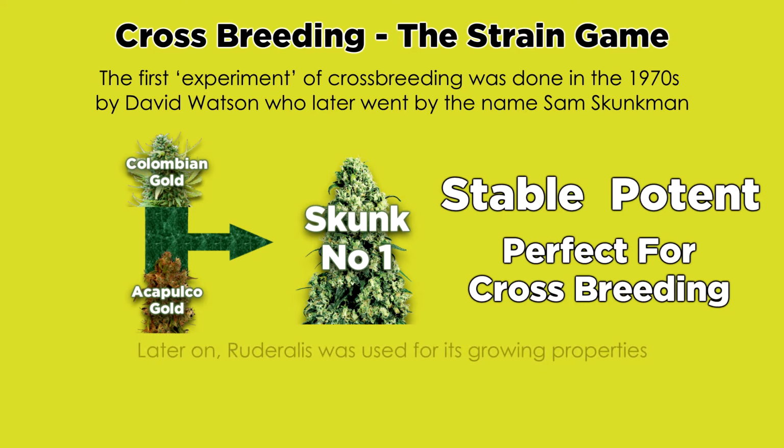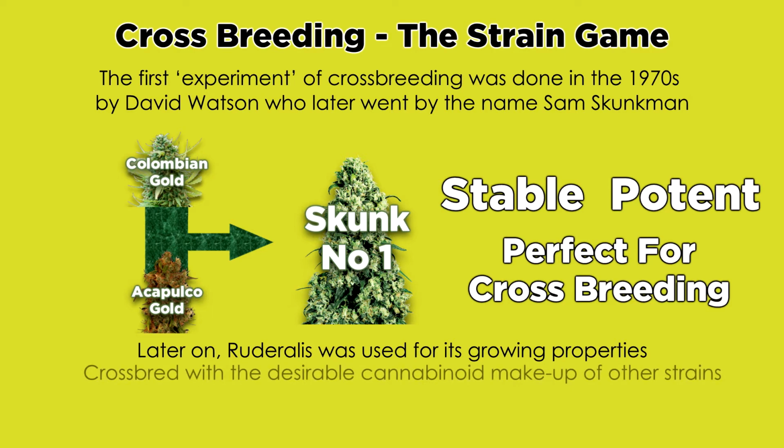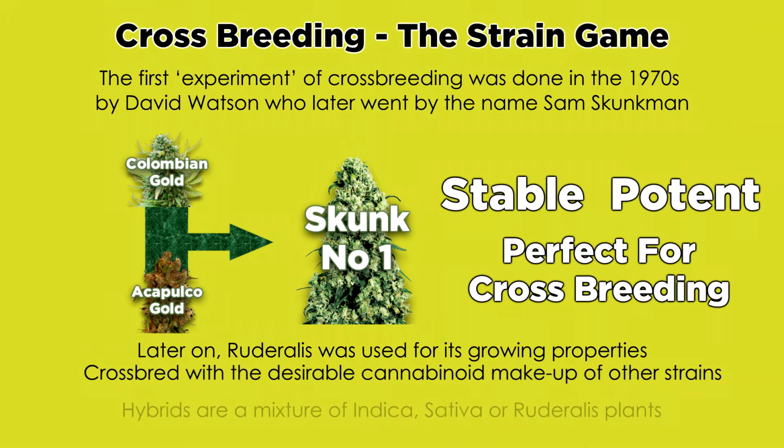Later on, and more recently, ruderalis is used for its growing properties, as I mentioned in the previous slide, and it's crossbred with indicas and sativas to have a desirable cannabinoid makeup. Hybrids are a mixture of indica, sativa or ruderalis plants, or 2 hybrids that have been crossbred together.